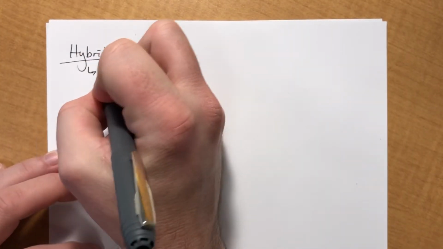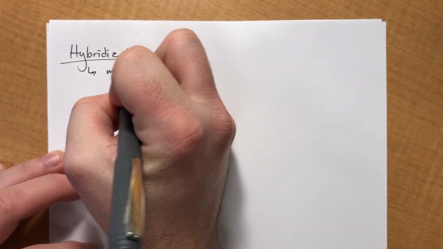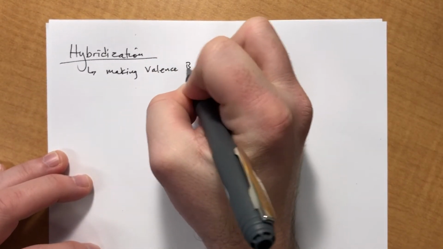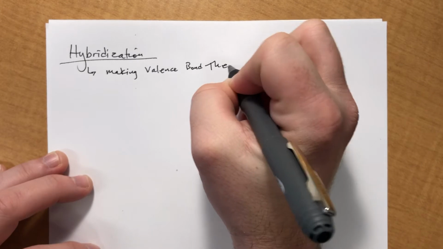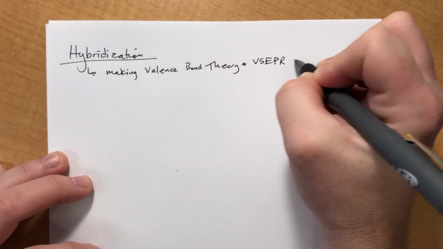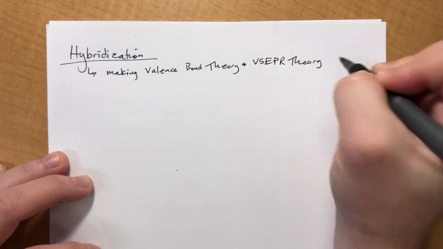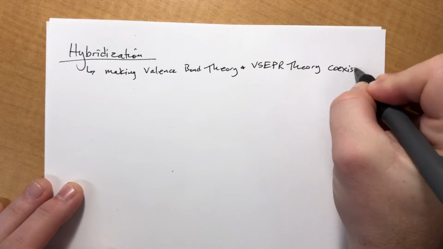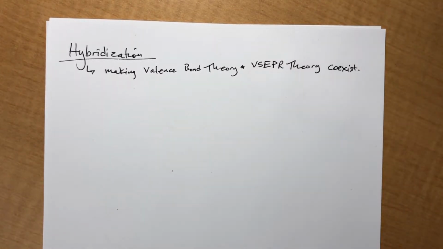So this is basically making valence bond theory, which is not great, and VSEPR theory, making them coexist. You kind of get different answers depending on which one you use.